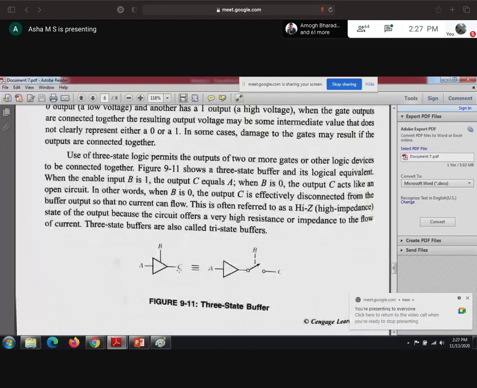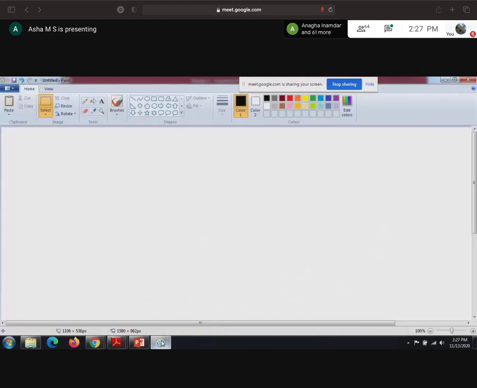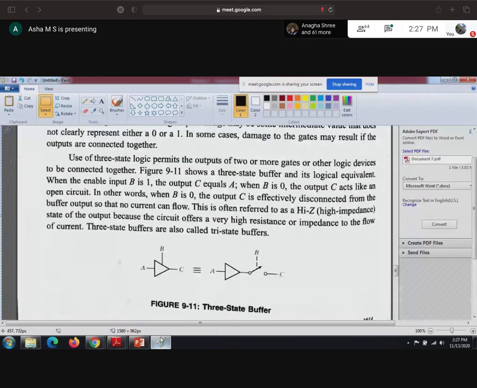So this is your three-state buffer. The use of three-state logic permits the outputs of two or more gates or other logic devices to be connected together.